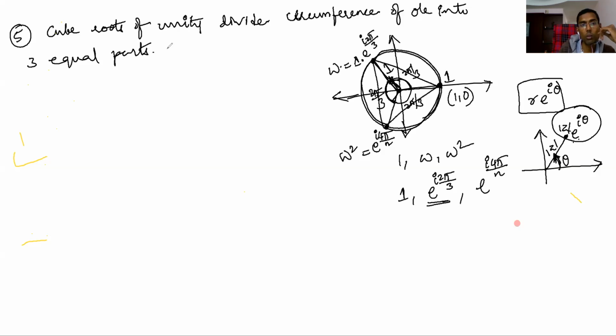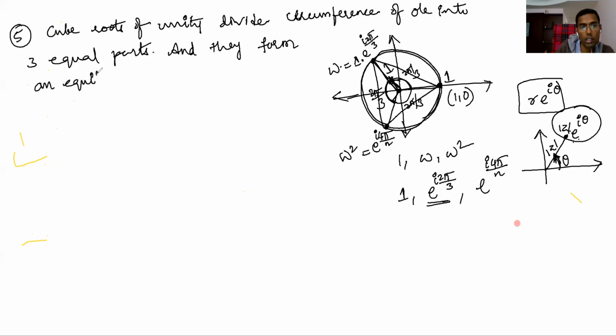So that means equal parts. Yeah, 3 equal parts, and here what you can say is that the cube roots of unity form an equilateral triangle.